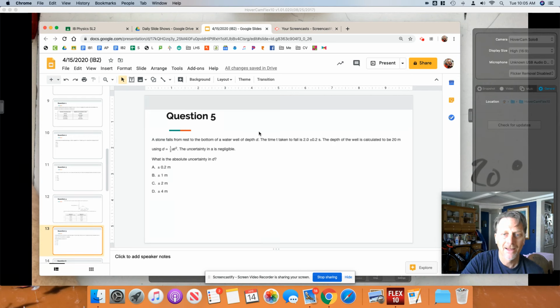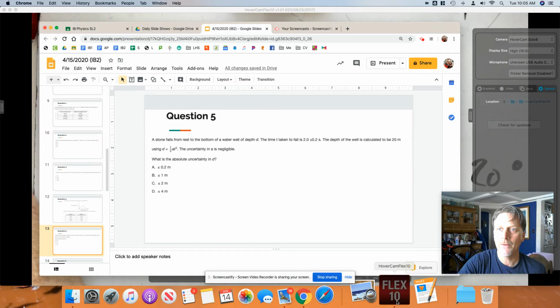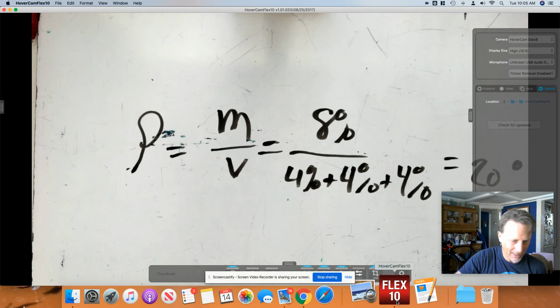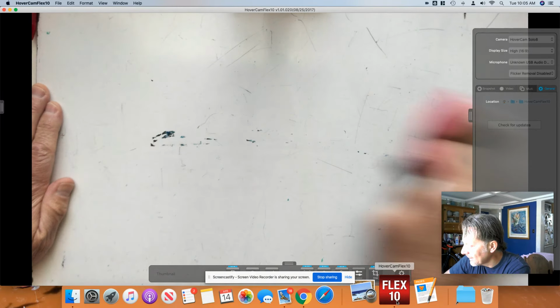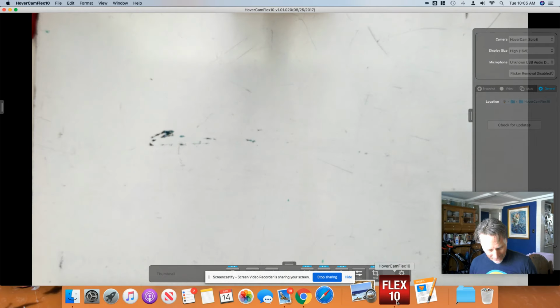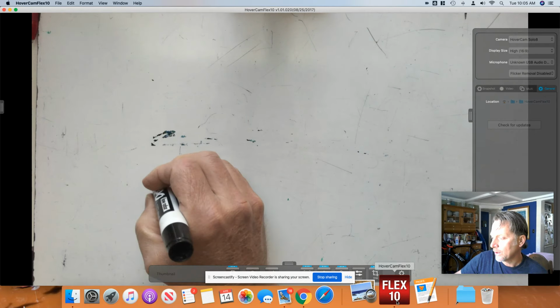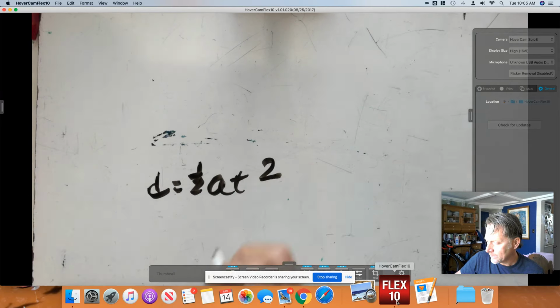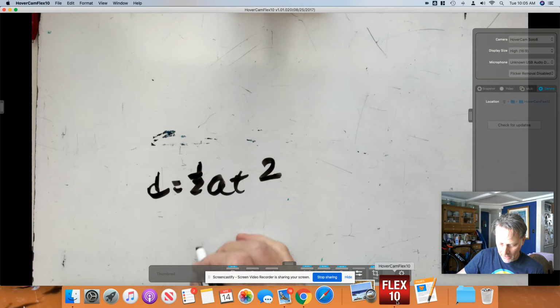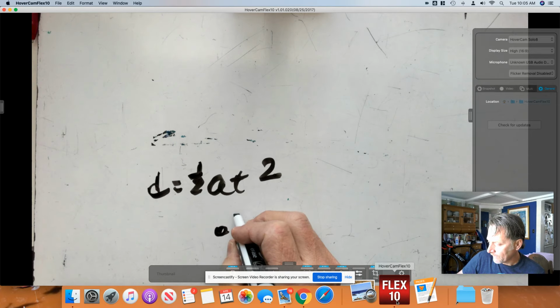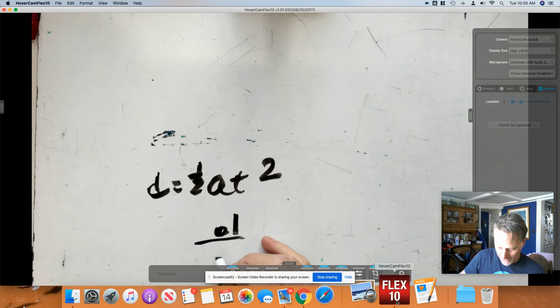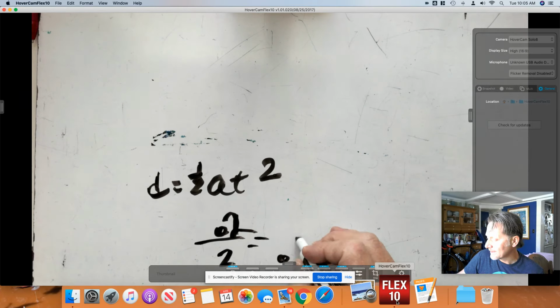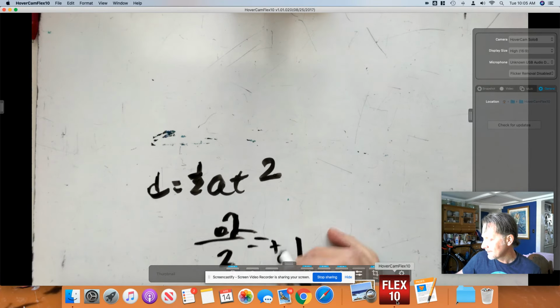Number 5 was another uncertainty question. So we'll go ahead and put that one back onto the flex camera really quick. Okay. And for this one here, we're actually just using the equation d equals 1/2 at squared. And what we have here is the fractional uncertainty was 0.2 over 2, which gives us an uncertainty of plus or minus 0.1 second for the time.